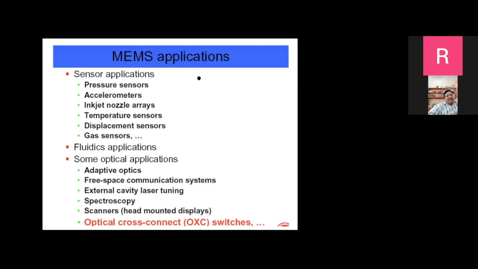If you have different buildings in your campus, you can set up a free space or wireless optical link across these buildings. You don't need to lay fibers and so on. So that's one of the important domains today. And of course, these optical MEMS will be useful for that. You can align. Alignment is an important problem in wireless optical communication. If you have two different buildings, you have to align the source and detector very accurately. Otherwise, the signal will be lost.